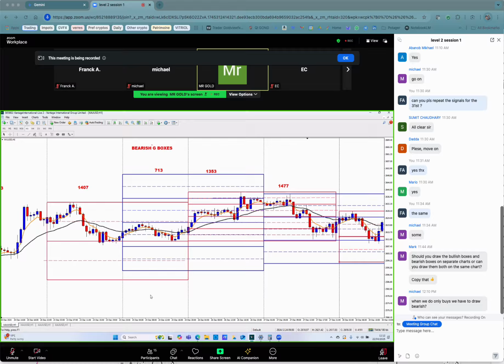So the bearish boxes are very important because they are going to give us areas of where it may reverse to. And then it will help us identify how far it's going to reverse so we can re-enter for better entries. Tomorrow, when I show you the milking, then it will make even further sense why you still need the bearish box.